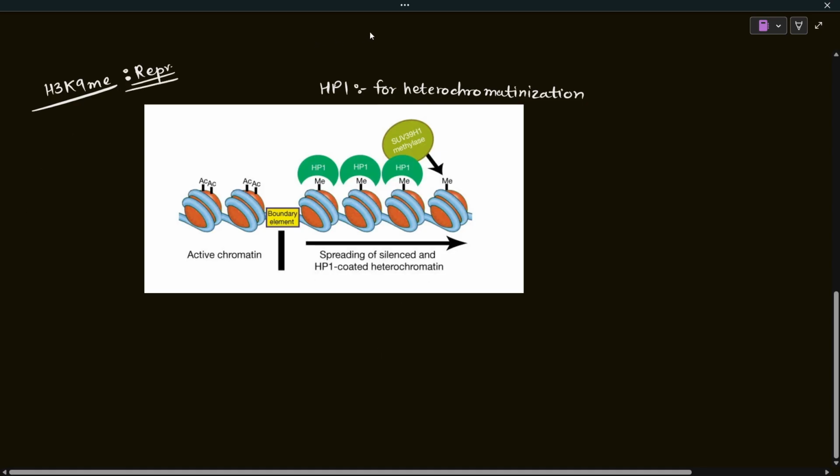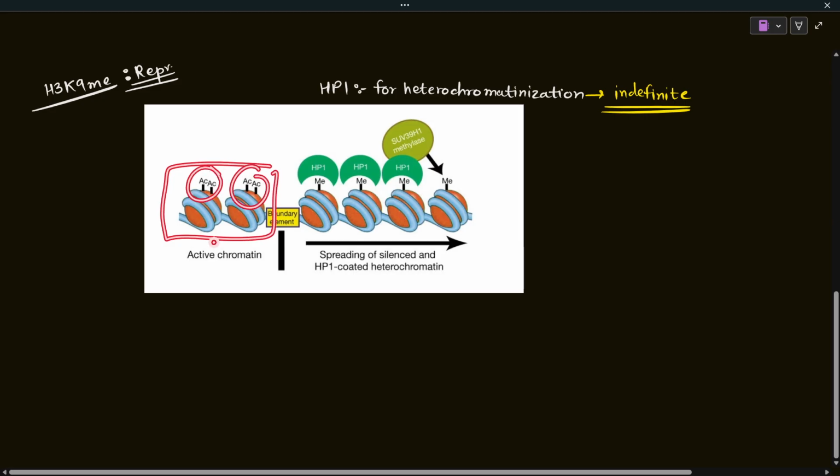But this heterochromatinization is not indefinite. It doesn't continue. It has a limit, and that limit is decided by the boundary elements. The boundary elements set the boundary between the heterochromatin and euchromatin. So here you can see beyond the boundary element there is active chromatin, which is acetylated.